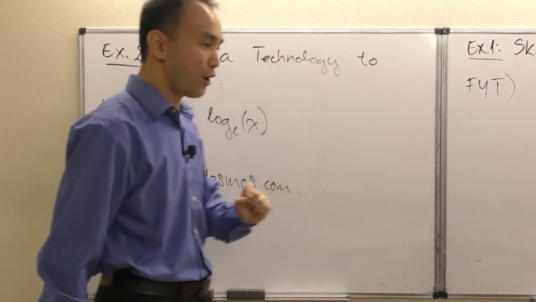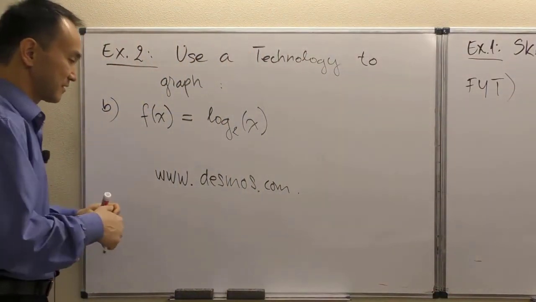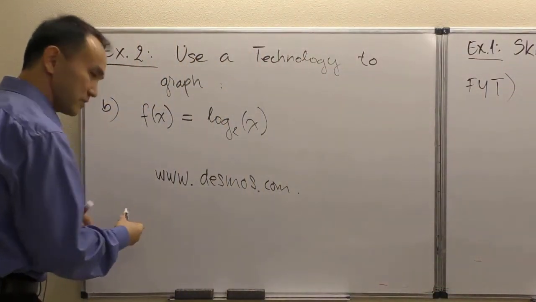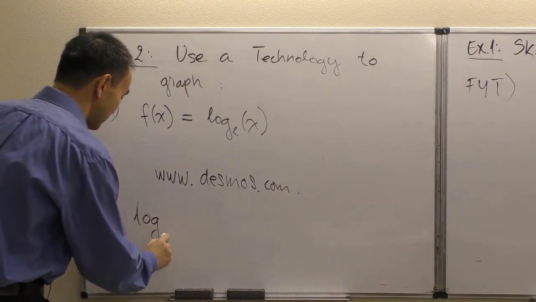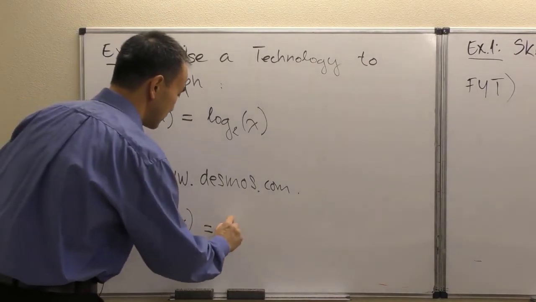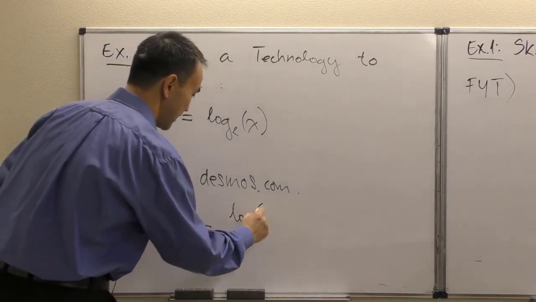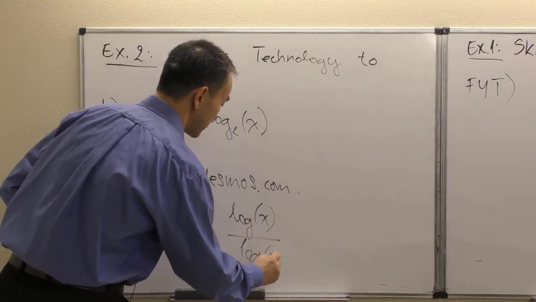Recall from our introduction lecture that log base 2 of x can be computed as log base 10 of x over log base 10 of 2.